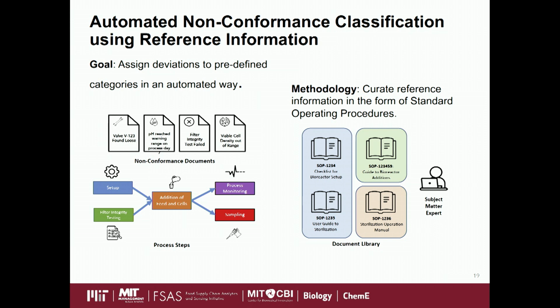For each one of these process steps in this environment, there is a lot of text, called SOPs, Standard Operating Procedures documents, that describe how these process steps should operate. We call those category descriptions. We took for each process step the documents that describe it, and we wanted to see, can we leverage them to classify the deviation reports that we have.